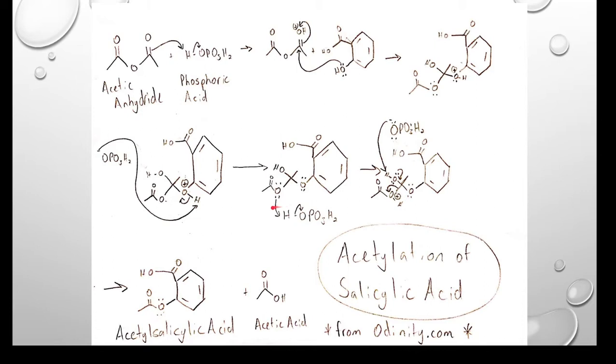The newly regenerated acid is deprotonated by the oxygen next to the carbonyl group. The deprotonated acid takes a hydrogen from this hydroxy group and then forms a double bond between the oxygen and the carbon. This is when the aceto group leaves. The products are acetylsalicylic acid and acetic acid.